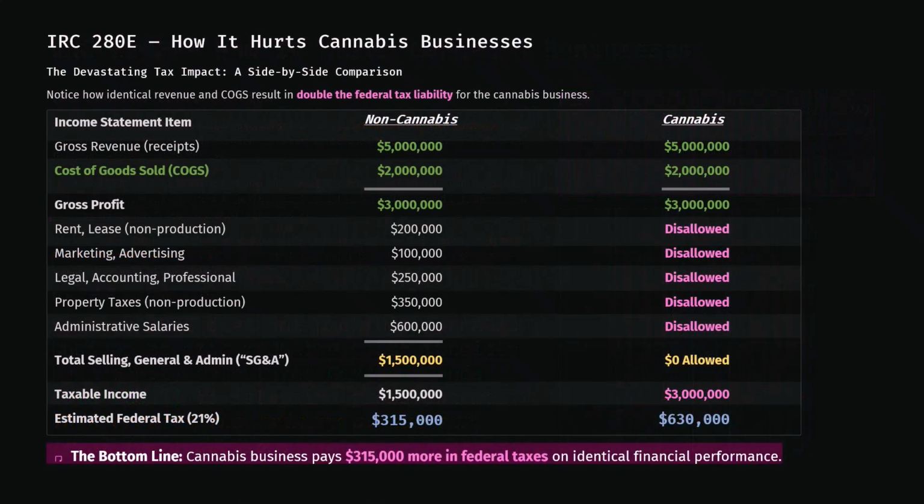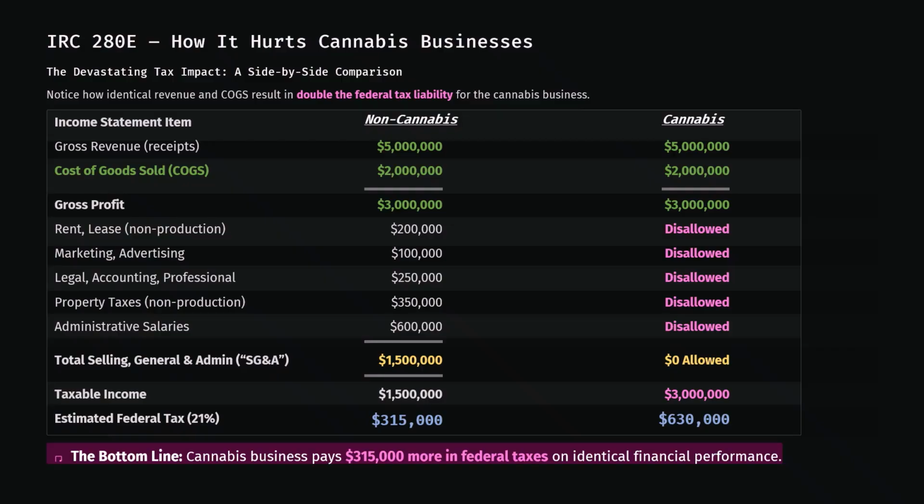Let's look at this side-by-side comparison just so you get the picture. Both businesses, one cannabis, one non-cannabis, bring in $5 million in gross receipts. Both have $2 million in cost of goods sold, or COGS, which means they're each showing a gross profit of $3 million. So far, so good, identical top-line performance. Now, here's where it gets painful.